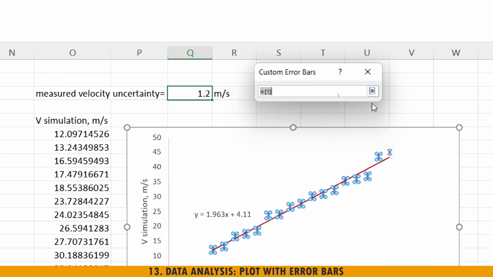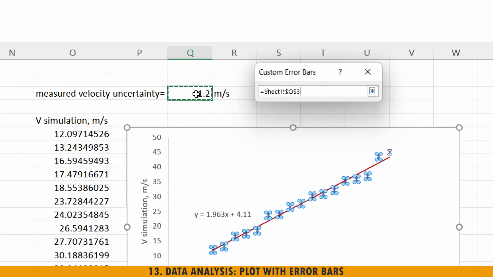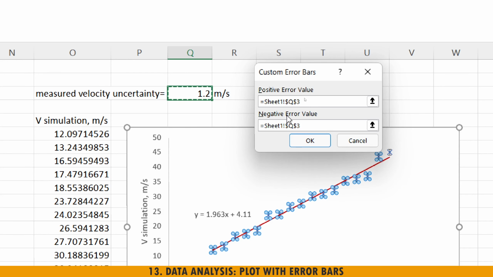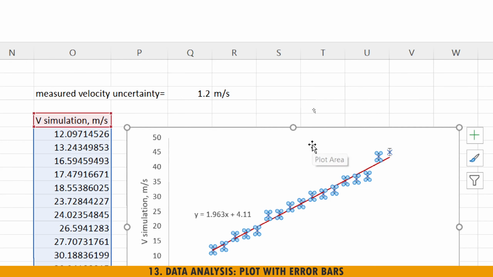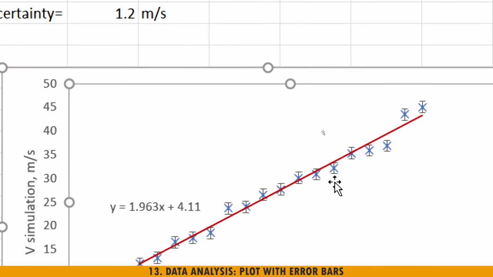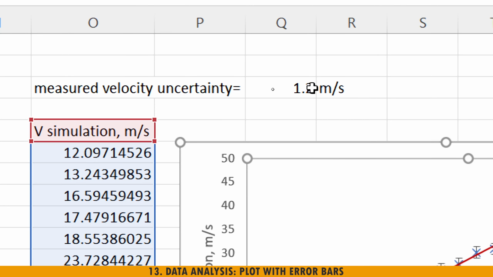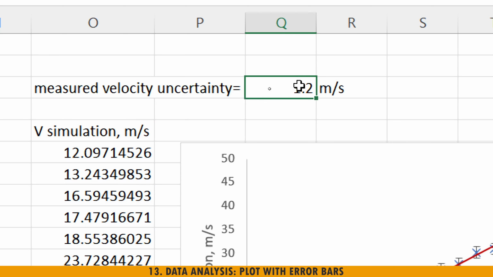So you need to click this range and provide this value, okay? And you need to provide the same value for the negative error value, right? So they will all reference the same cell. Let's click OK. So now you can see that we have added custom error bars that correspond to the measured velocity uncertainty for our experiment.